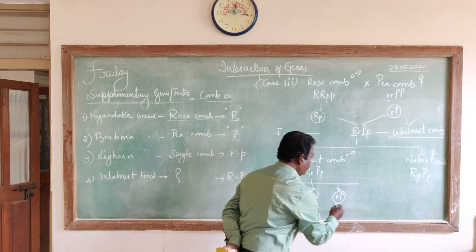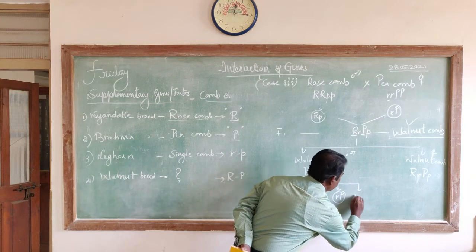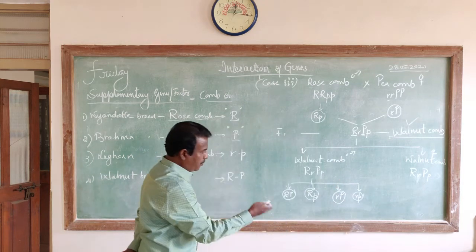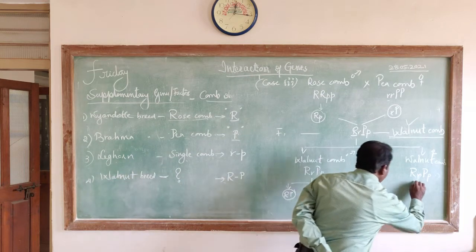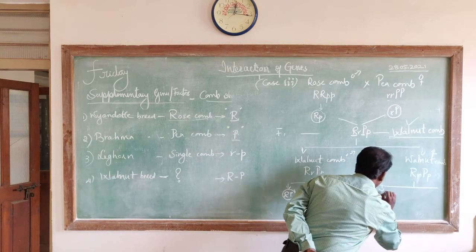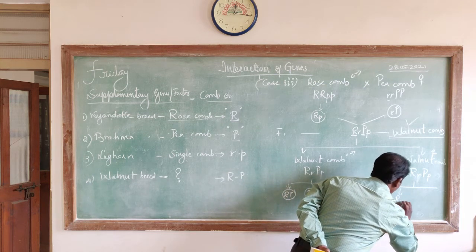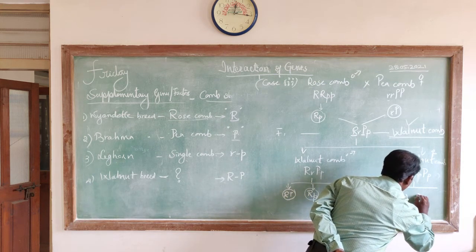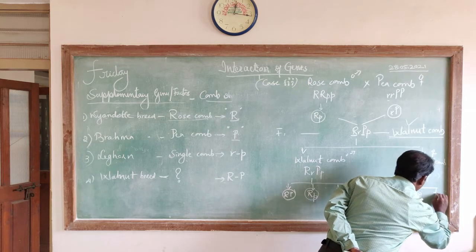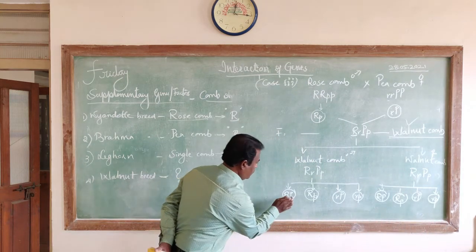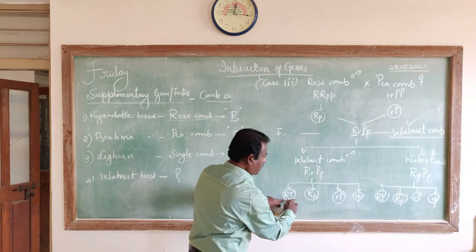The remaining 1/4 carries the recessive genotype small r, small p. So we get four possible combinations: capital R capital P, capital R small p, small r capital P, and small r small p. These are the four possible combinations considered.